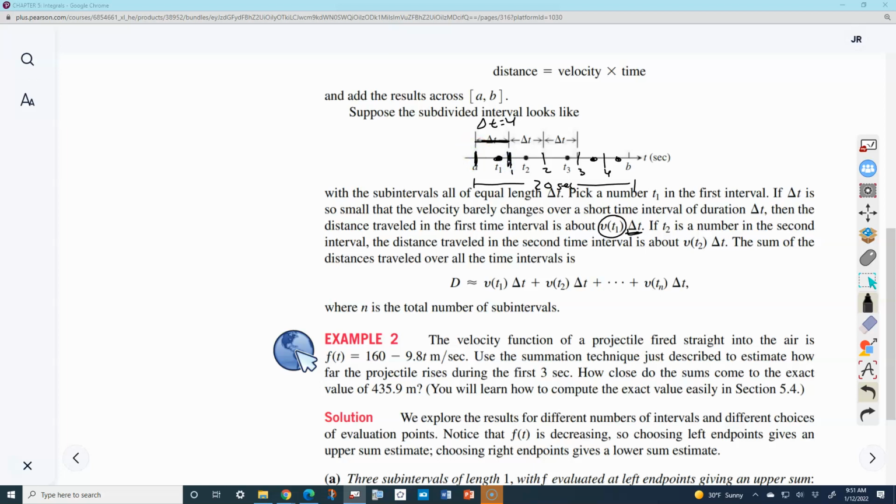Somewhere in that first 4 seconds, let's say at 2.8 seconds, I looked down and I was going, let's just say, 5 meters per second. I'm going to assume that within those first 4 seconds my velocity did not vary very much from 5 meters per second. So if I went 5 meters per second that whole time, and I multiply that times the 4 seconds, then during that first time interval, how far did I go? 20 meters.